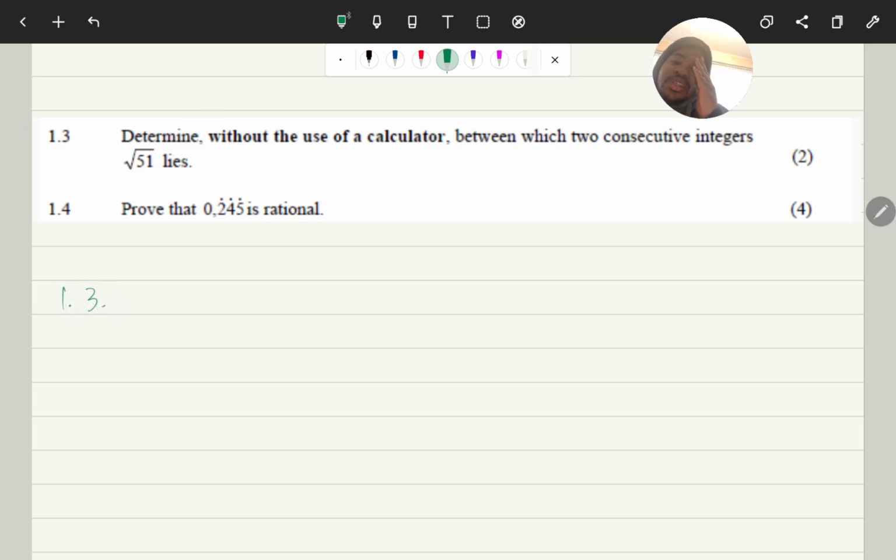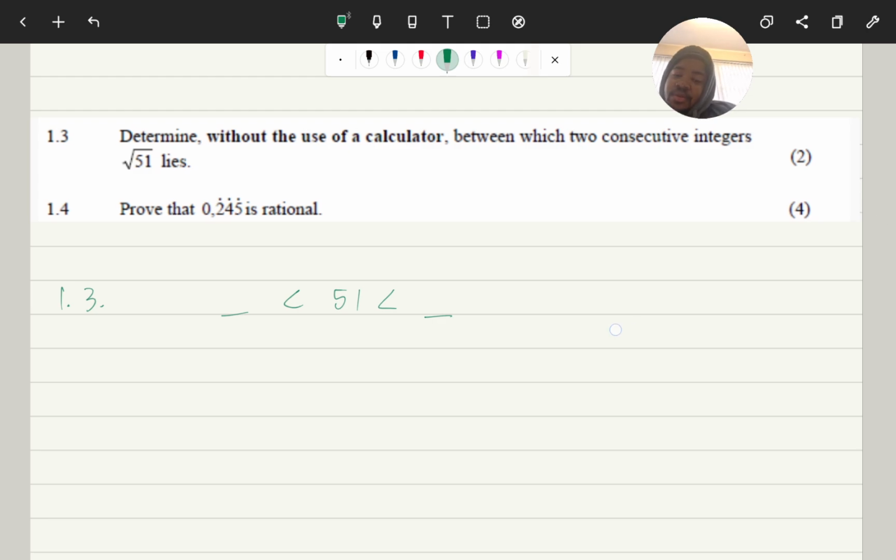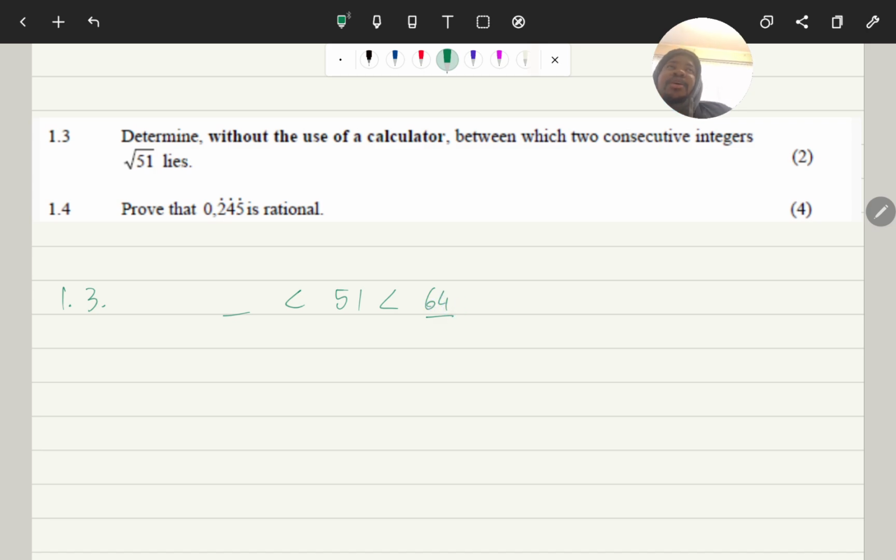They say determine without using a calculator which two consecutive integers that lies in. So you have square root of 51. Let's start there, right? We're gonna of course put two values here, and in terms of our values, we're thinking also about the square roots now. I'm thinking 51. After 51 we have 64, so I'm gonna put 64 here, and then we have 49 as well. I think we did this example, we did this problem when I was teaching the content.